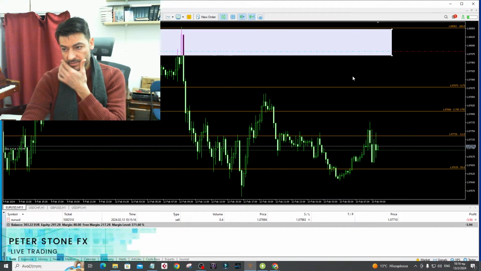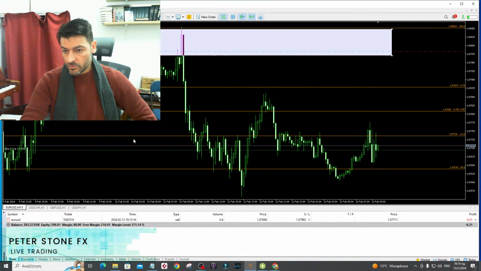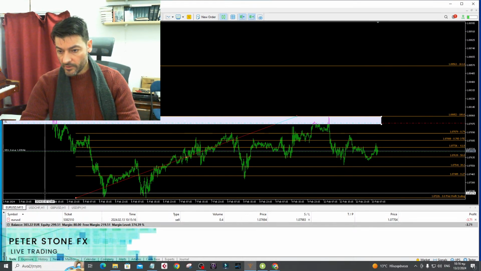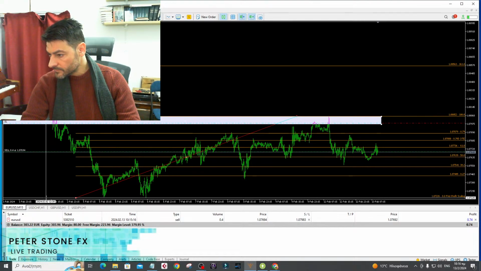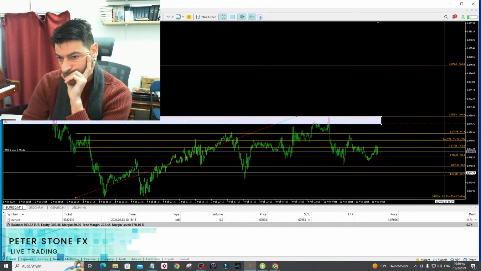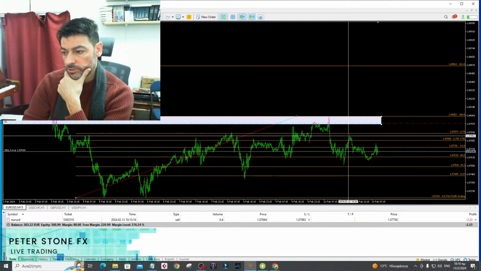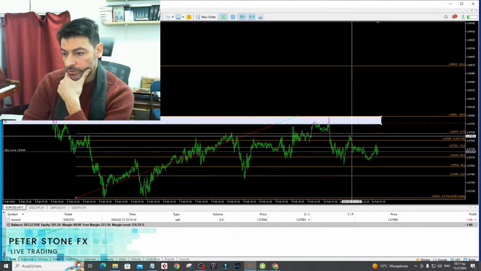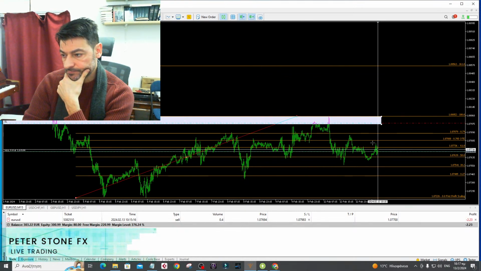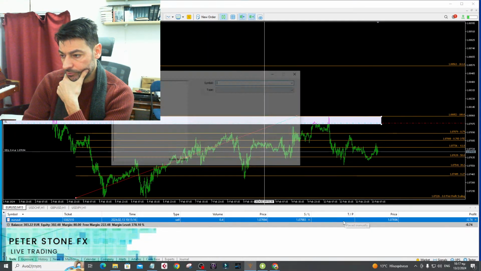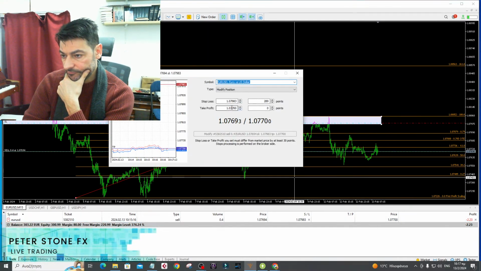I'm risking 107. Sorry for my stomach. And I'm going for 225. Here we watch price being unable to continue making higher highs. So take profit 72.25.